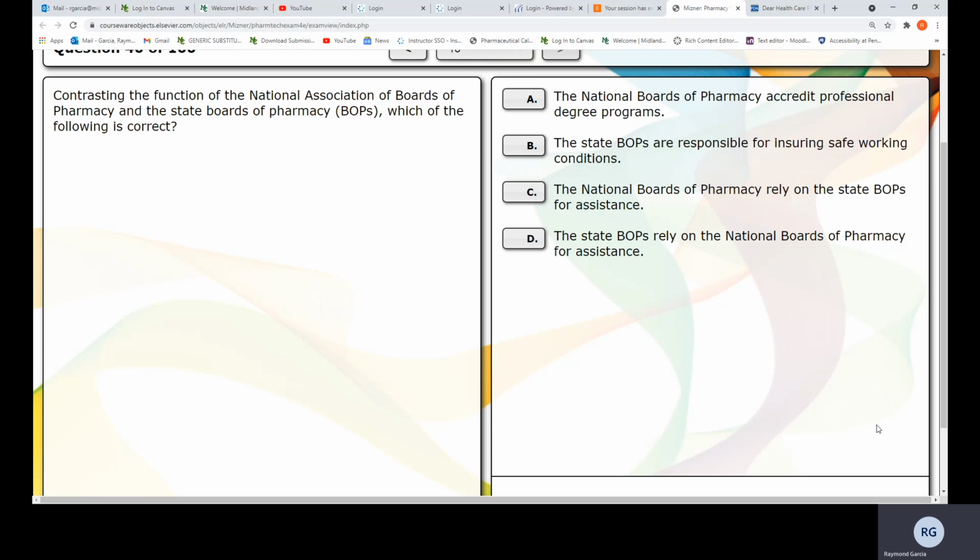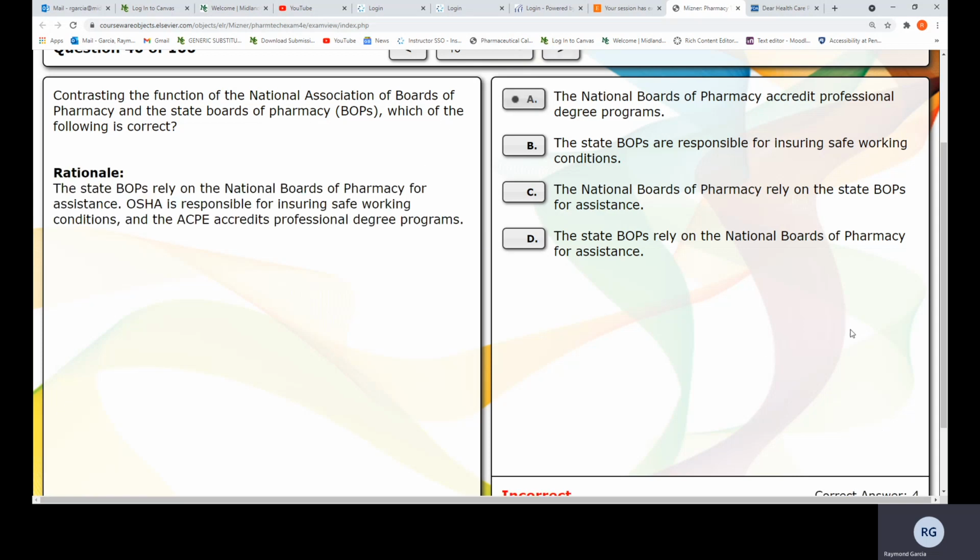C and D seem like they contradict each other. And letter B, again, is for OSHA. Agree, A? Okay. Good job. Huh. I would have guessed A. The State Board of Pharmacies rely on the National Board of Pharmacies for assistance.